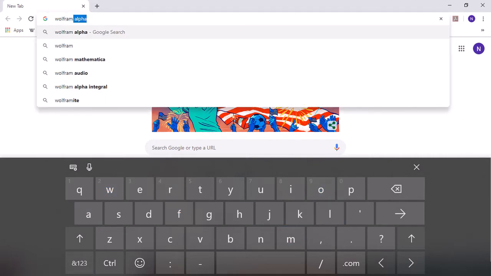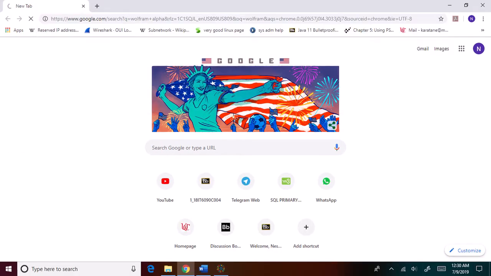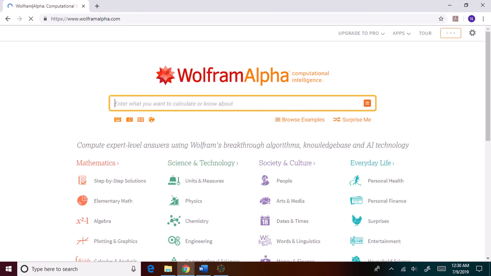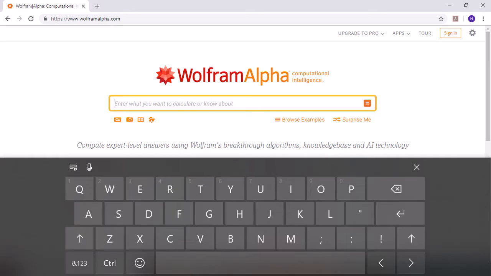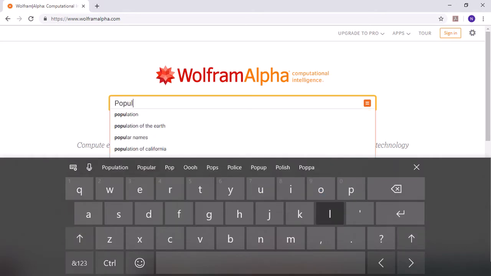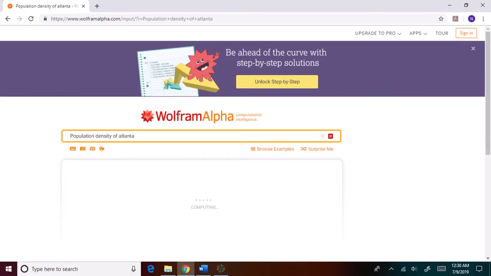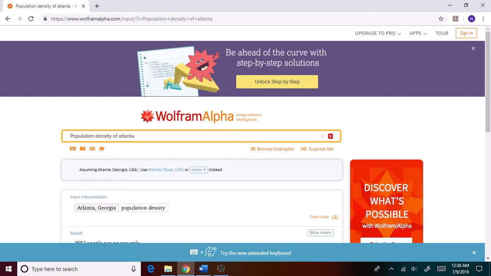See, it just automatically shows on Google. So I go into Wolfram Alpha, and here you can simply type population density of Atlanta, and you search it.